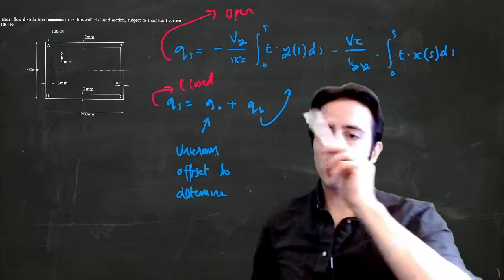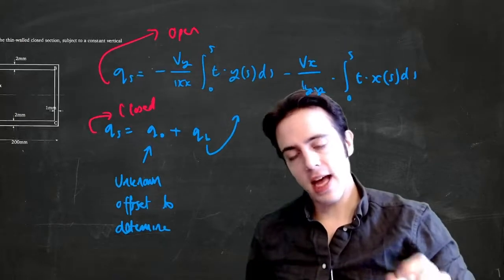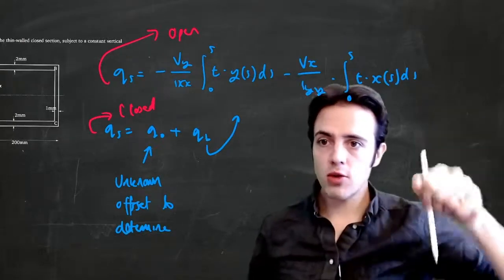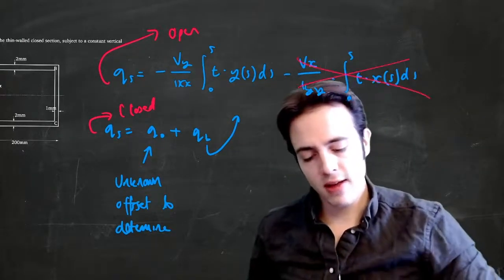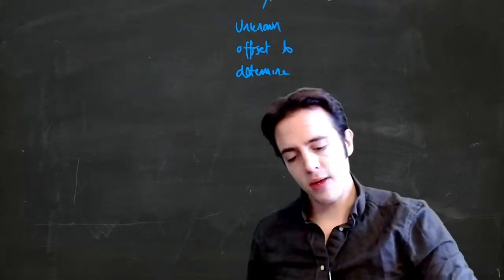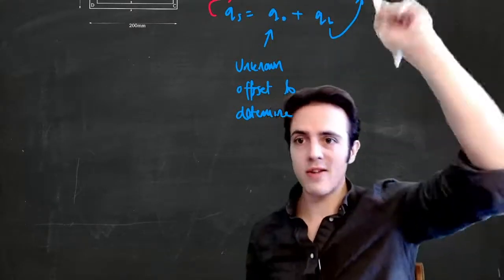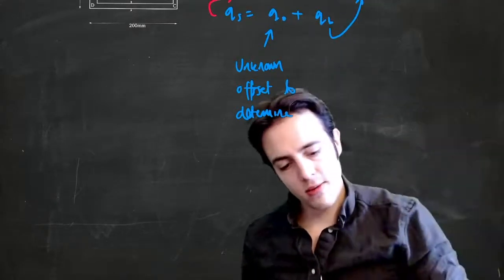Okay, so we're going to go through this problem. We can see in each of these that we've only got a vertical shear force. We've only got a Vy, so I don't need to use this. So wherever we choose this one to be open, we're going to use qb equal to the expression above with the Vx taken out.